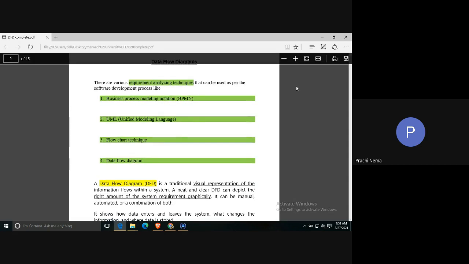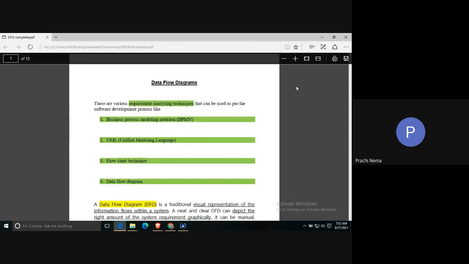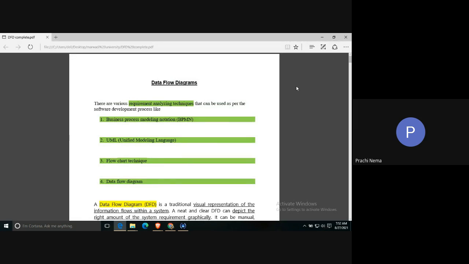The topic is DFD. DFD is data flow diagram as it is written. Talking about some prerequisite knowledge before studying further into depth. What is DFD and where is it used? I mean, in which category does DFD belong? So, when you are making a software or developing any project, you have SDLC, that is Software Development Life Cycle.